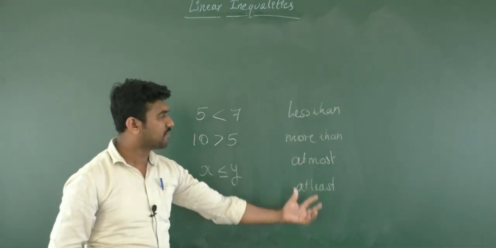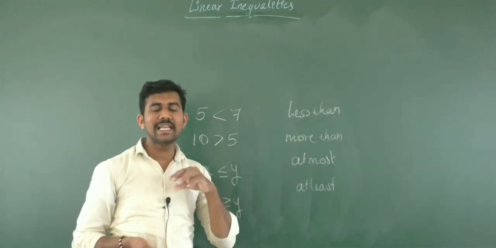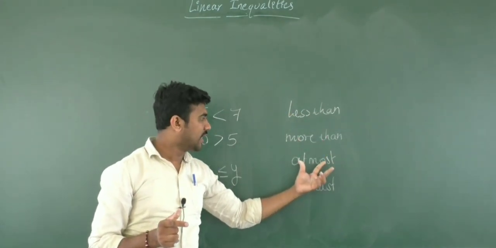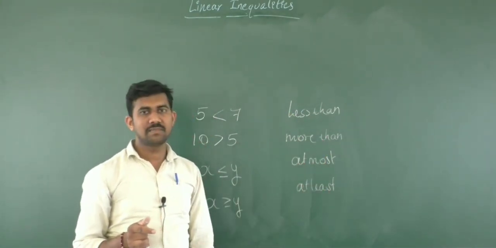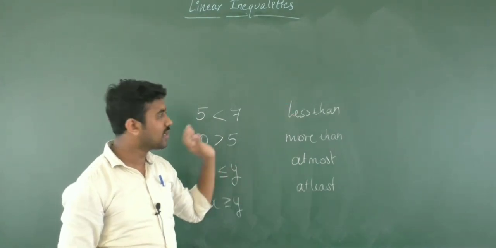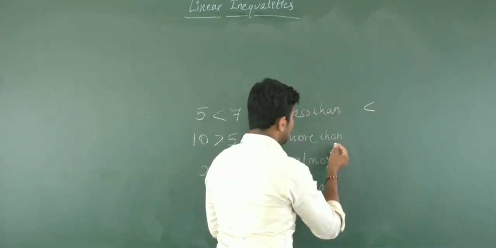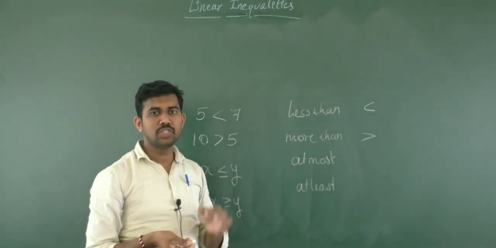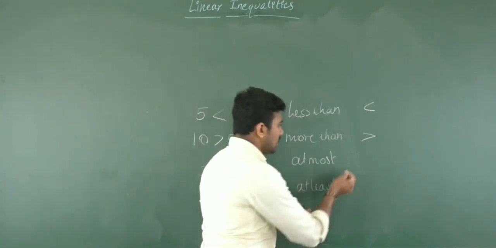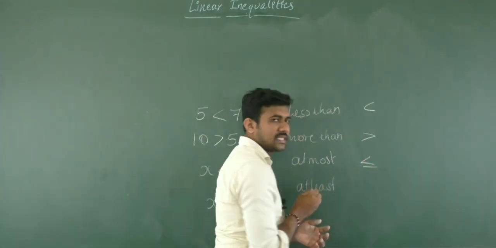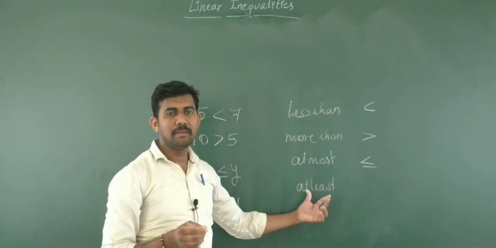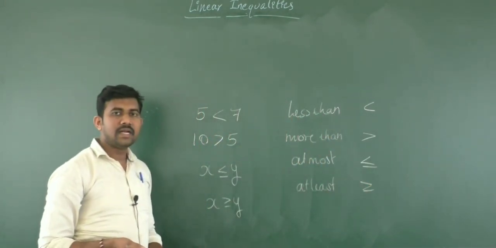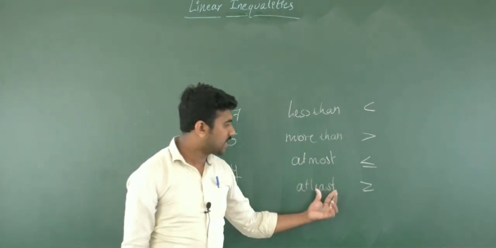So we can observe the differences of these words in real life situations, how we use them: less than, more than, at most, at least. And we can write this symbolically: less than, more than means greater than, at most, maximum, means it may be less than or equal to, at least, minimum, means greater than or equal to.